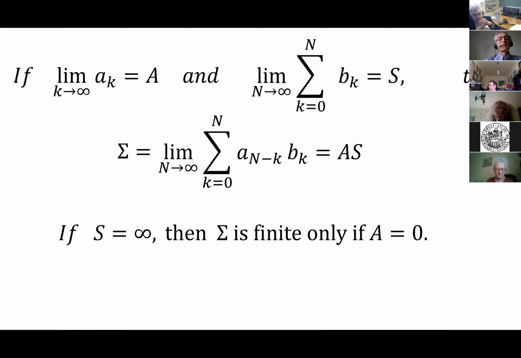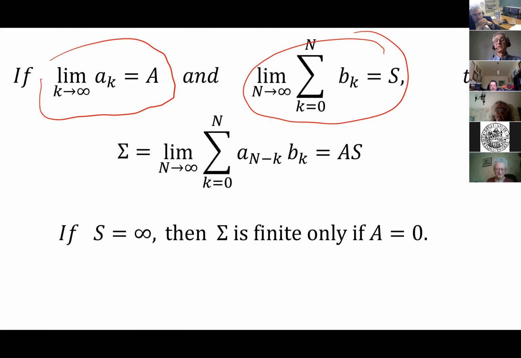So if we have a sequence A_k, which converges to A, and a series which is absolutely convergent, then the total sum, this convolution, is equal to A times S, this limit.